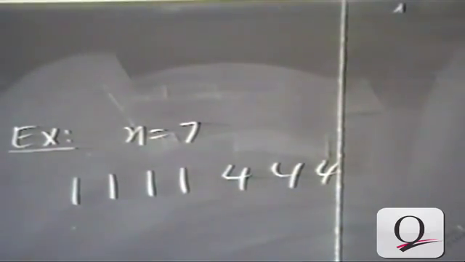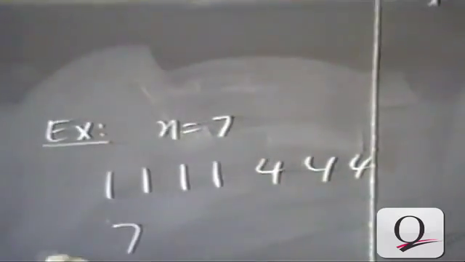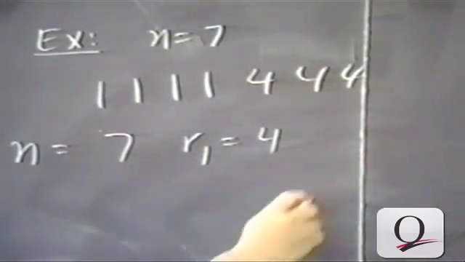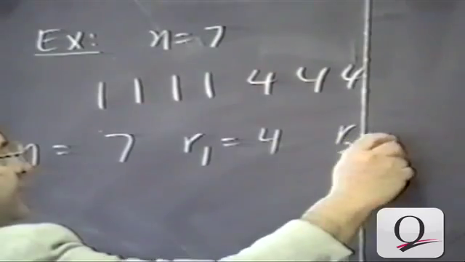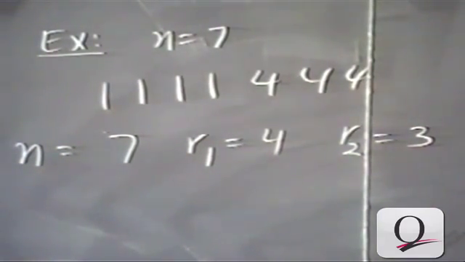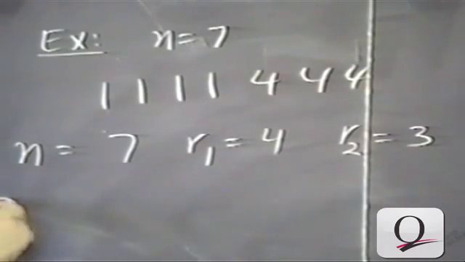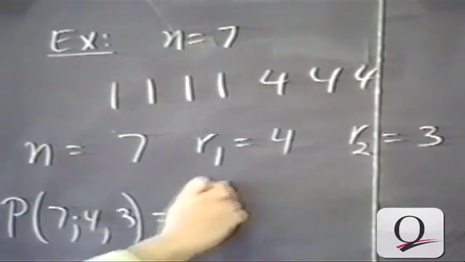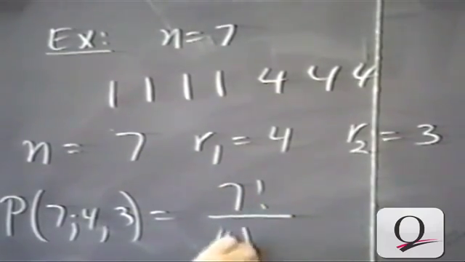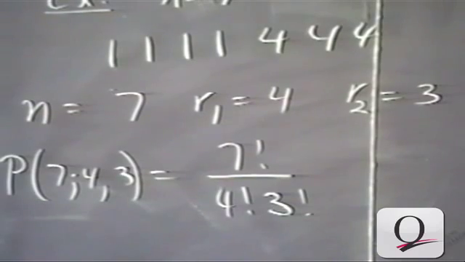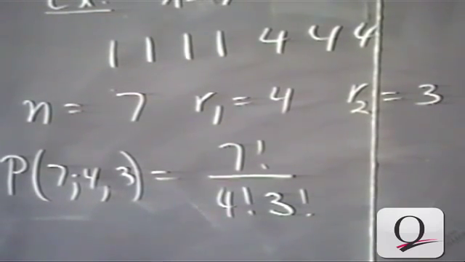Now, however, I have 7 objects, 4 of the first kind, 3 of the second kind, and the number of permutations is 7 factorial over 4 factorial, 3 factorial.